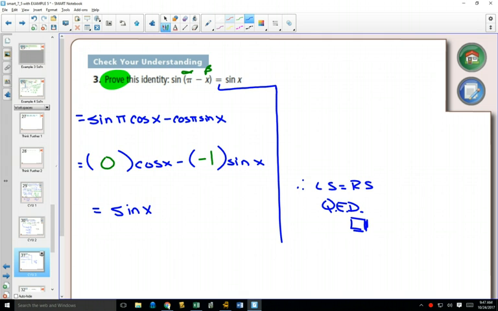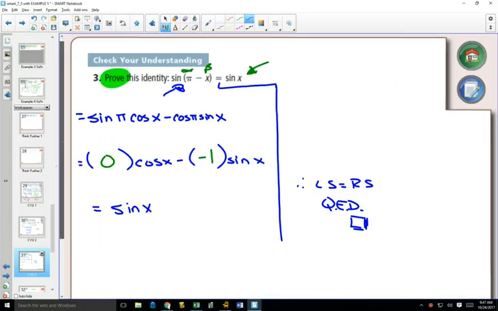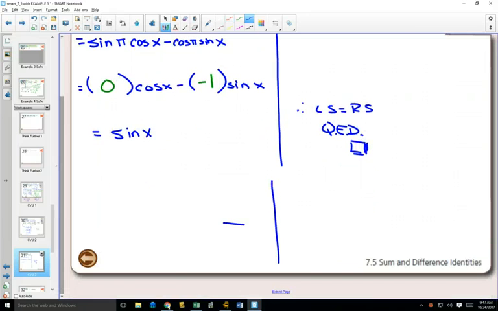The graphical proof for this one might be difficult, but I'll show you just because I want to review some things about graphing. I'm going to graph the right-hand side in green, and the left-hand side I'll graph in blue. So when we're graphing these, the green one, which is just sine of x, we'd have our period of 2 pi.